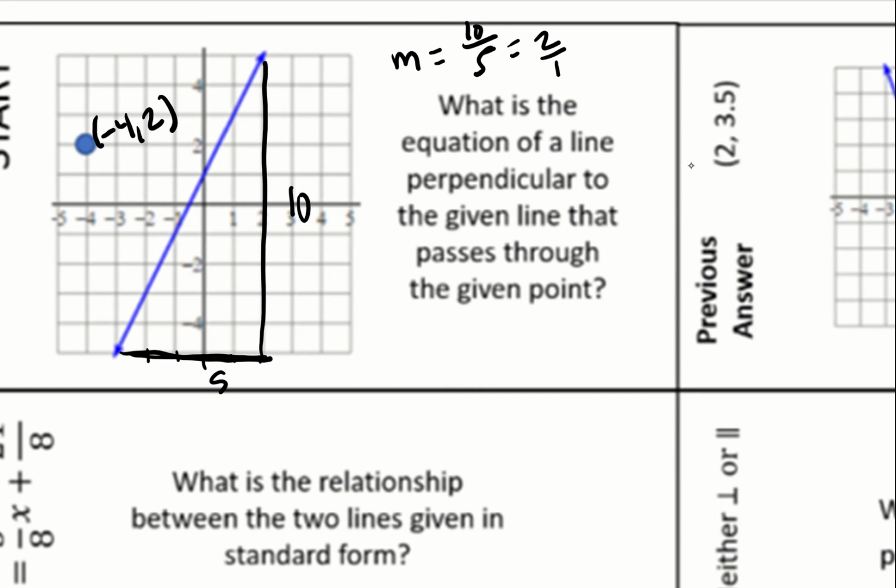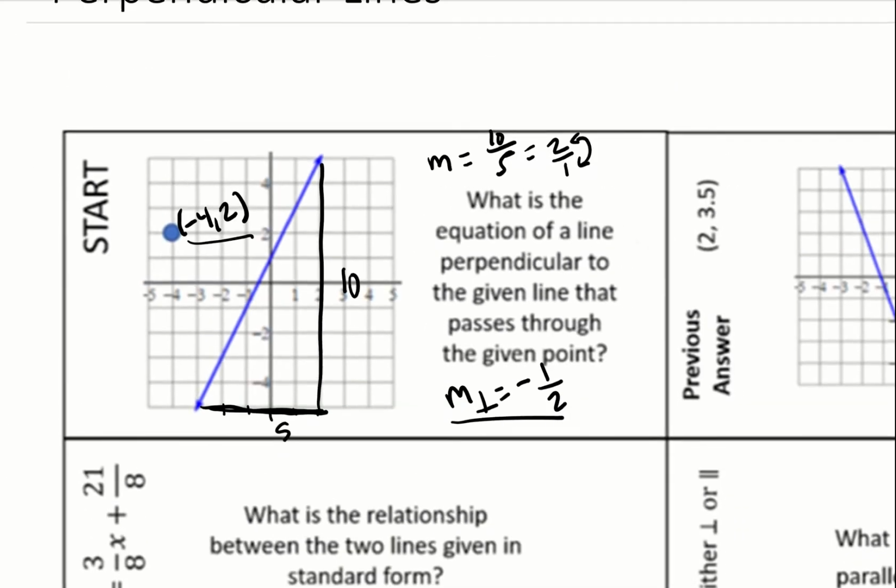And then if I want to figure out the perpendicular slope, then I'm going to have to flip this, do the reciprocal, and then change the sign. So it's going to be -1/2. So that's going to be the slope of the new line that crosses this at a right angle. Okay, so we got ourselves a slope and a point.